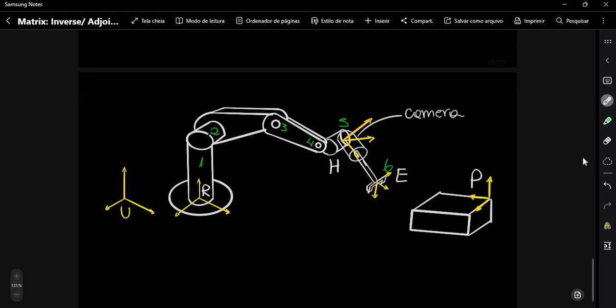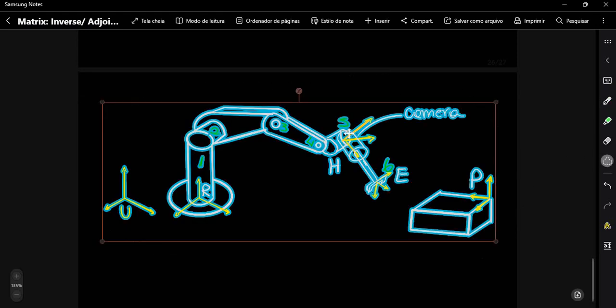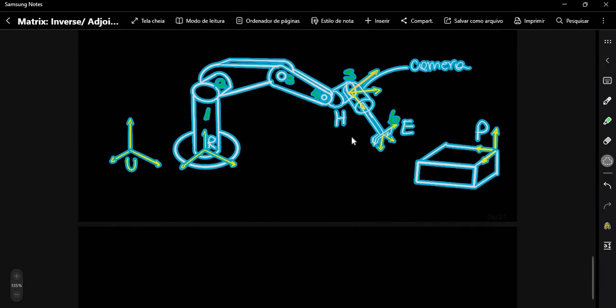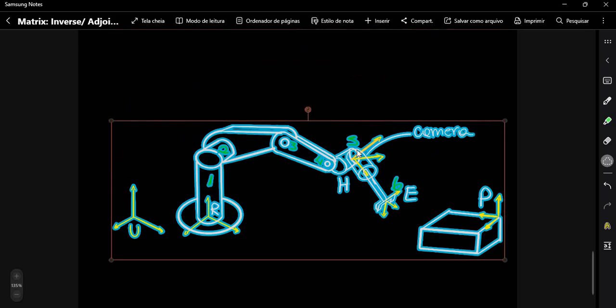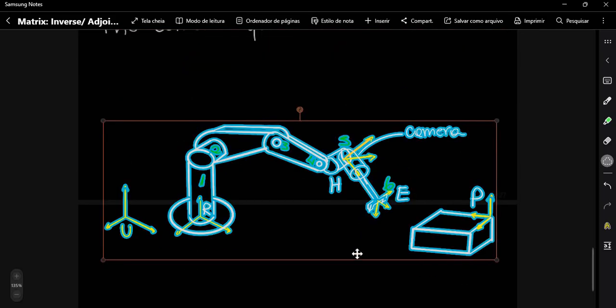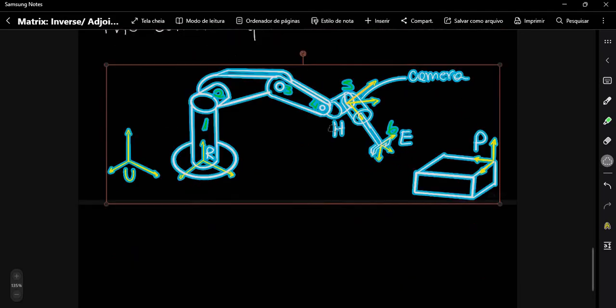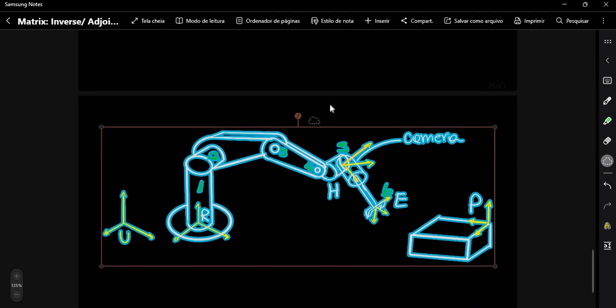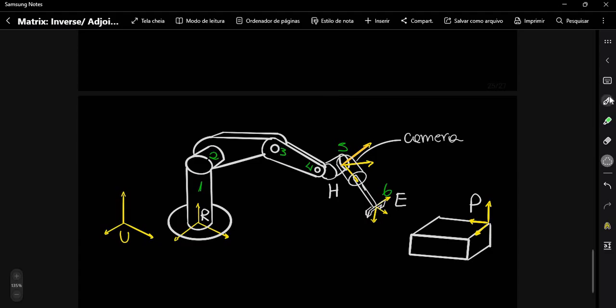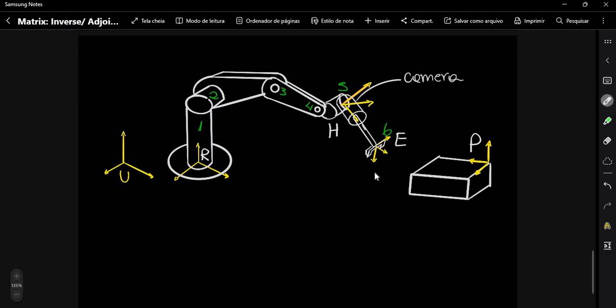I've already adapted this design from the first example. So I attached a camera on the fifth link of the robot.